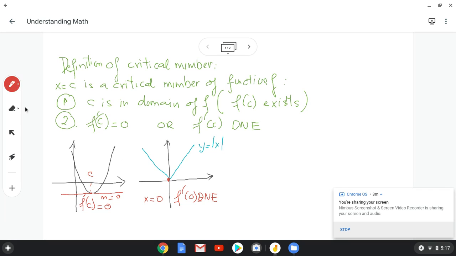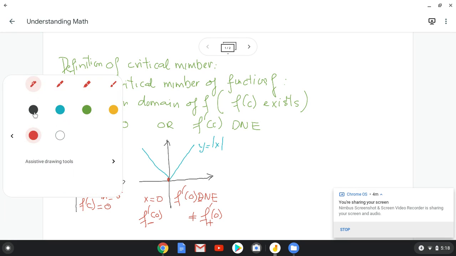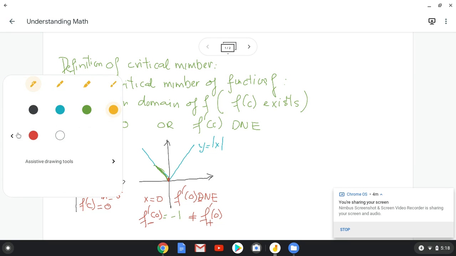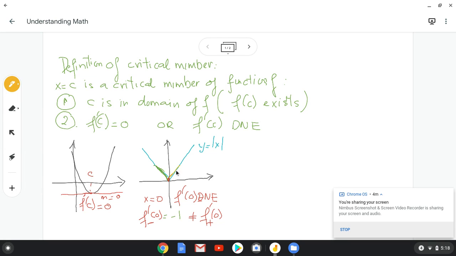The reason is the derivative of the function at 0 on the left is different from the derivative on the right side. You can see the derivative on the left is here, which is equal to -1, and the derivative on the right, which is here, is equal to 1.